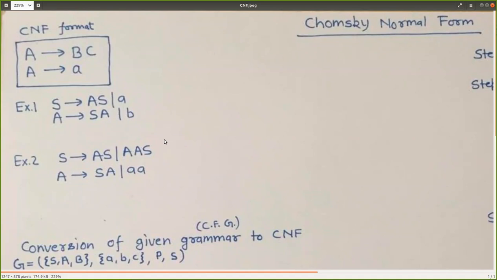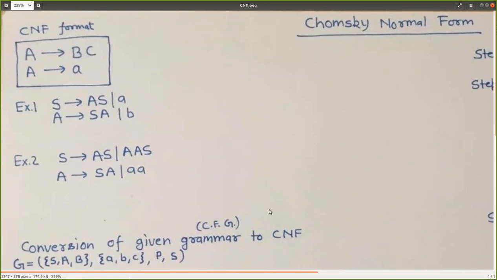Now, if a grammar is not in Chomsky normal form, what could we do? Is there any treatment for that? Could we convert a grammar to Chomsky normal form? The answer is yes. In this lecture, we are converting a context-free grammar to Chomsky normal form.